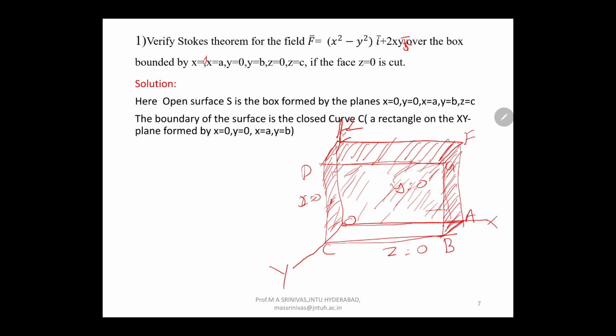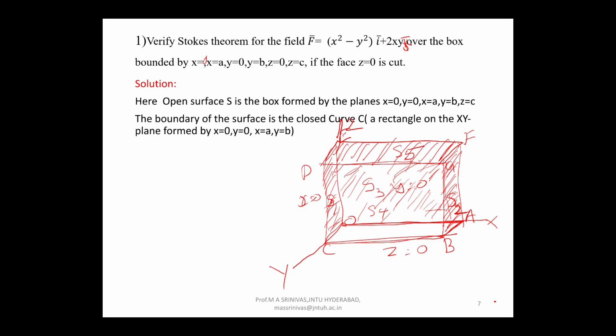I will call the plane x equal to 0 as S1, and I will call the plane ABGF as S2, and I will call this backside as S3, and the front one as S4, and this as S5. Those are the five surfaces I have. This surface is open, we don't have a surface here. Therefore, only five surfaces.